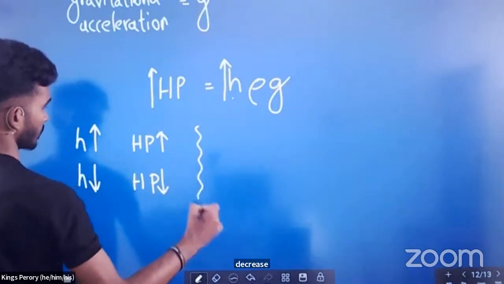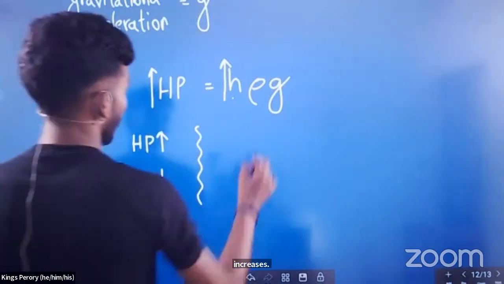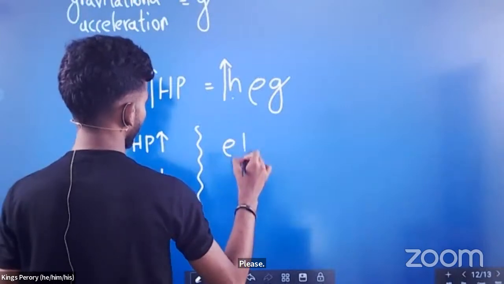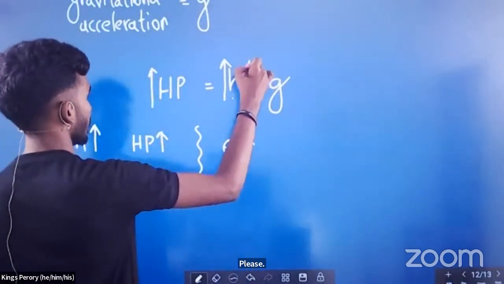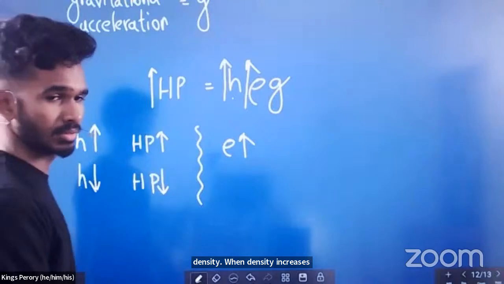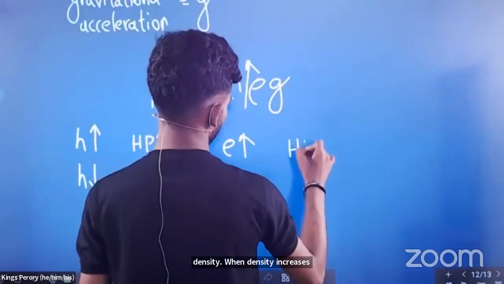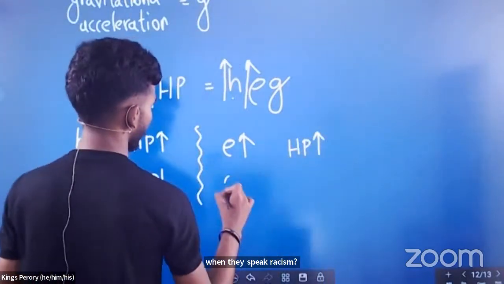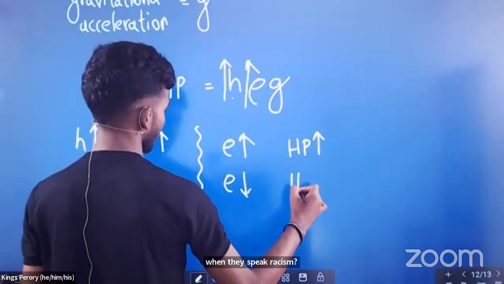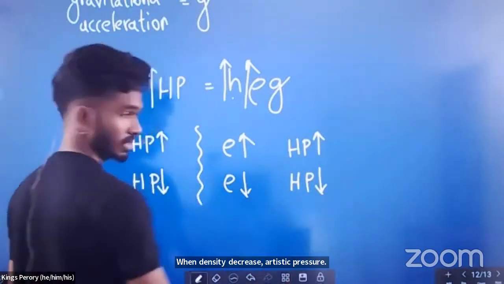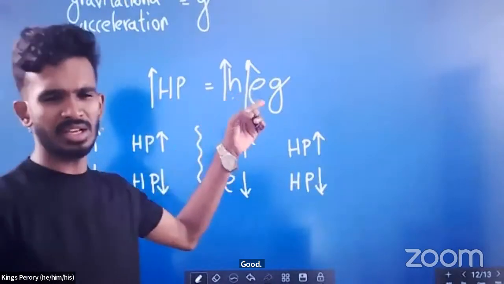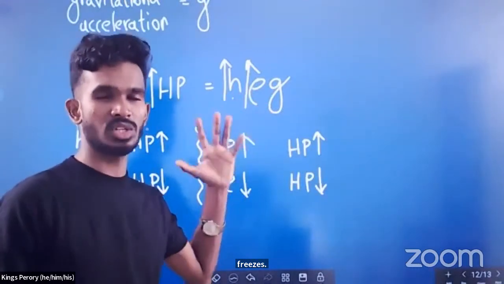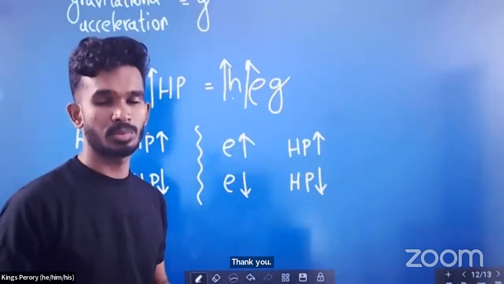Not only that, density. When density increases, hydrostatic pressure increases. When density decreases, hydrostatic pressure decreases. And I told you, gravitational acceleration, we apply this equation 99% for Earth.